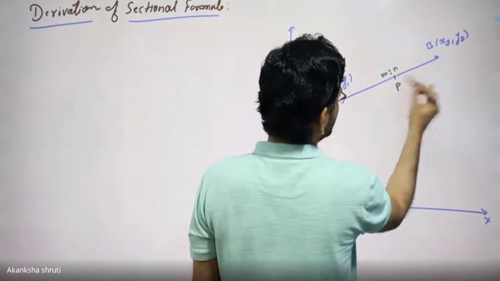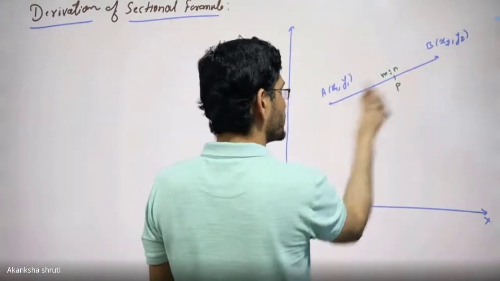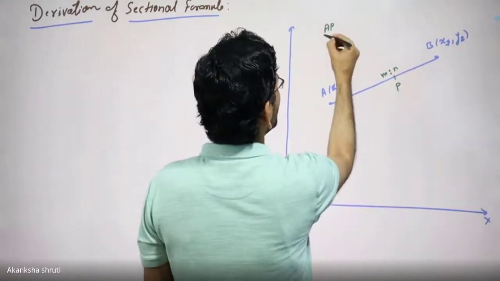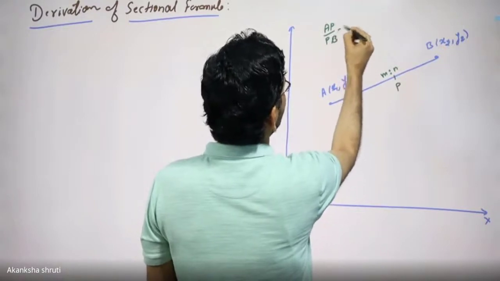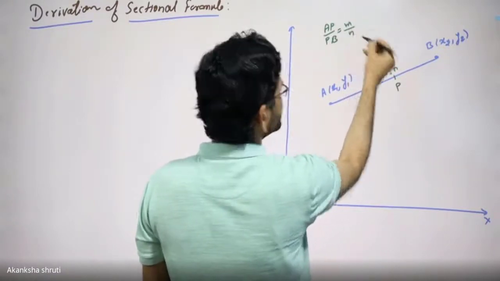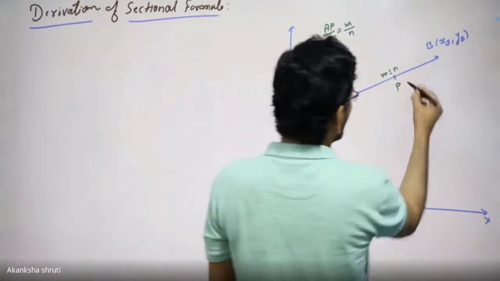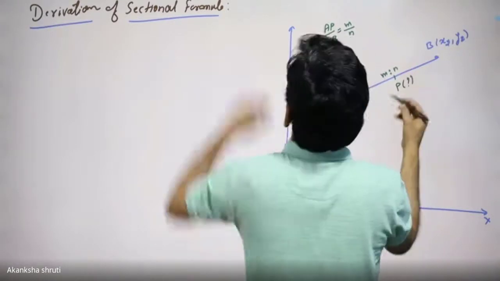This is the point P, which is on this line segment such that AP to PB is m to n. This is the ratio. Students, then we want to know the x and y coordinates of this point.